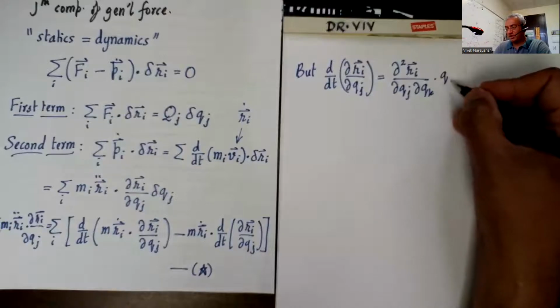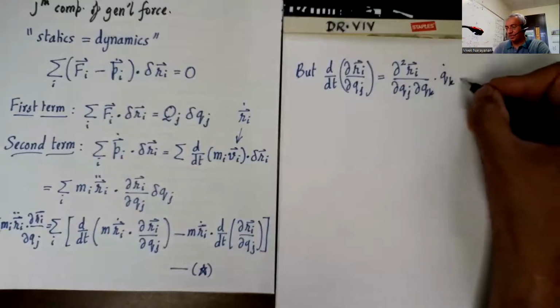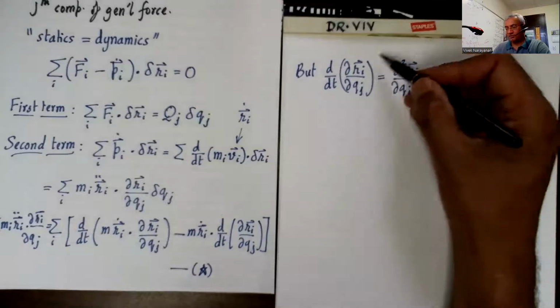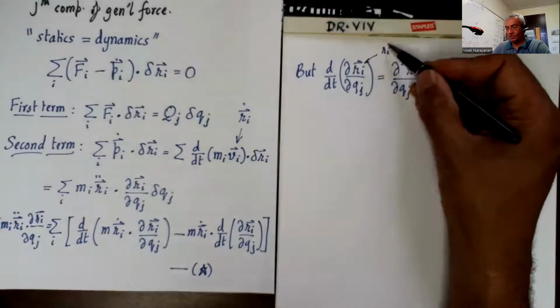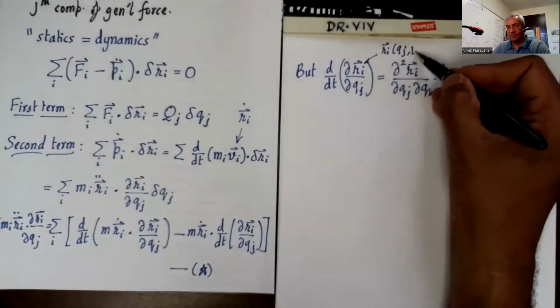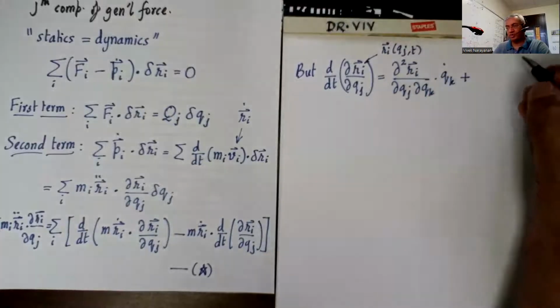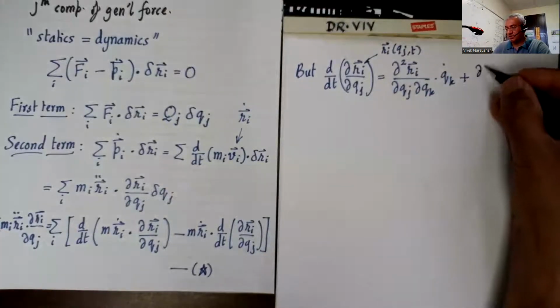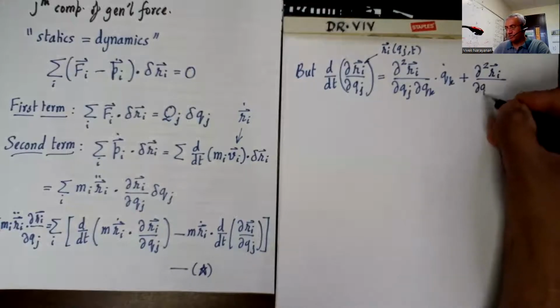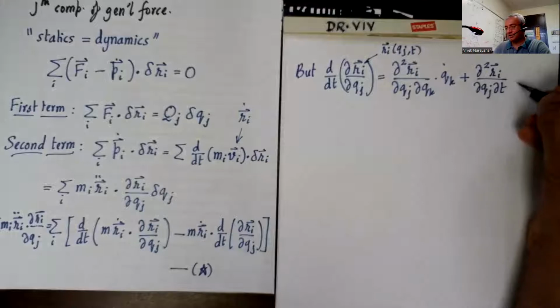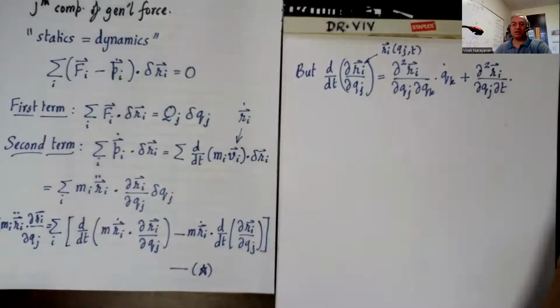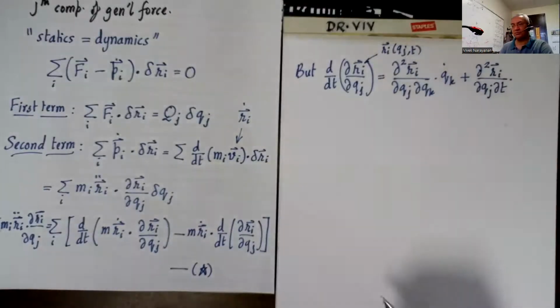So that's going to be Qk dot. Plus, remember, Ri is a function of Qj and time, so we also have to differentiate with respect to time next. So I get del 2 Ri over del Qj del t, and then I get dt by dt, which is 1, so I won't write that.